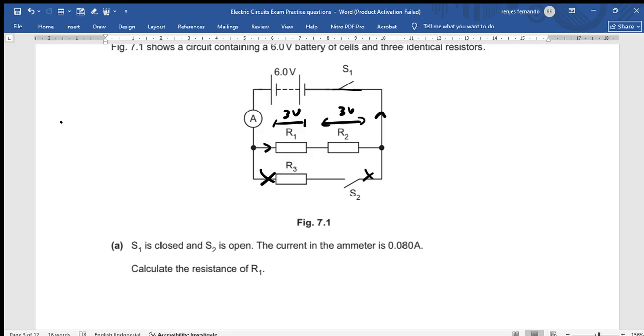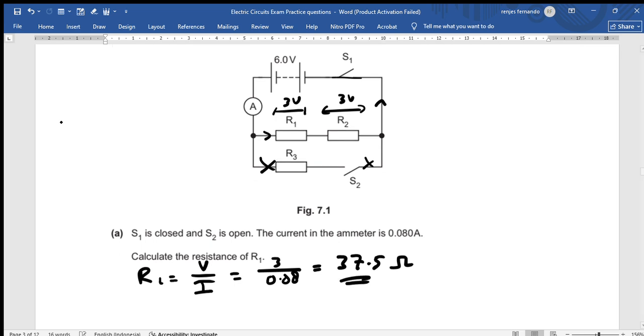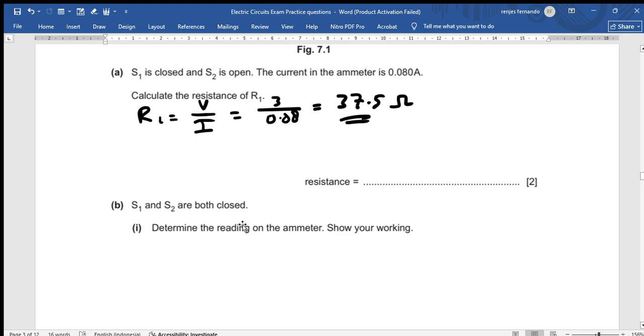The current is 0.08. So of course, the resistance of R1 is voltage divided by current, which is equal to 3 divided by 0.08, 37.5 ohm.